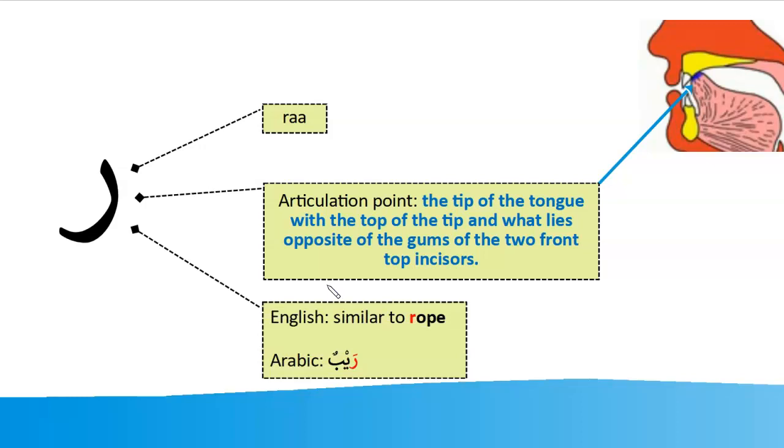Singular, we say ra, if it's just one raw. When we have it doubled, we roll the tongue, rr. As in the English word rope. In Arabic, raybun means doubt.